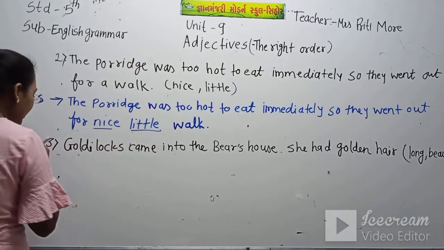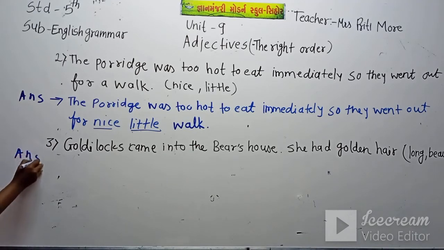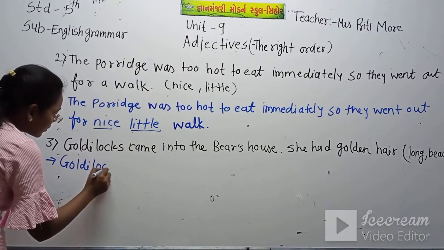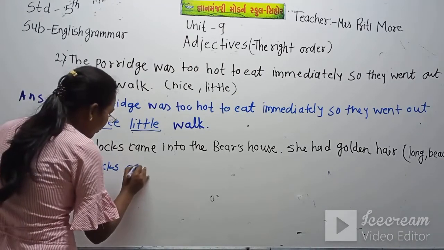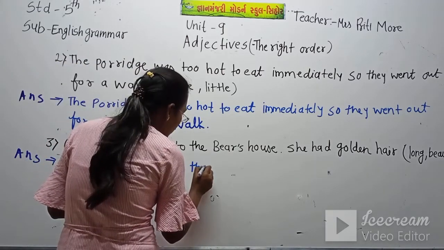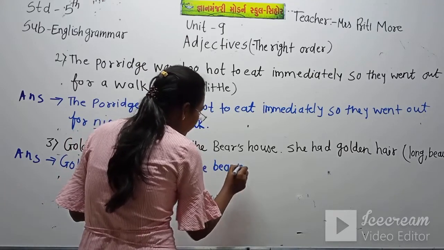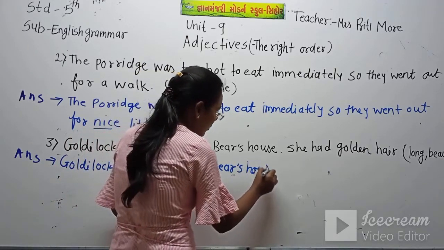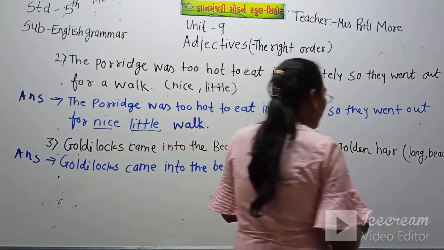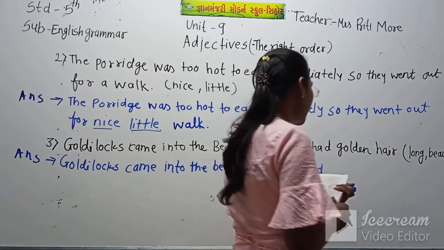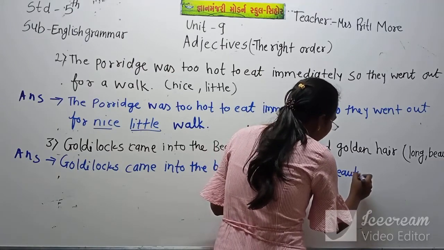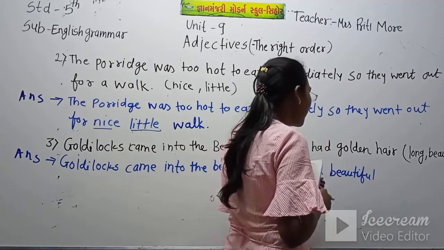So let's write. Goldilocks came into the bear's house. She had... First, what do we write? Beautiful. First we write opinion, beautiful.